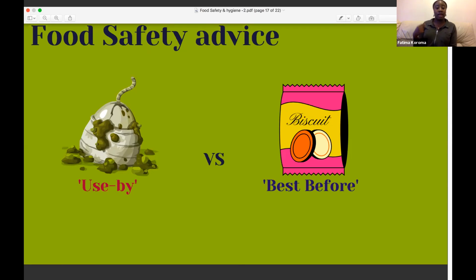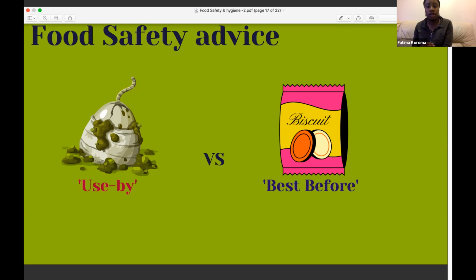When the result comes back, it tells us the food has listeria, even though nothing seemed wrong. So the advice, especially in the UK, is that when you see the use by date, even if the food seems okay, it's sometimes really dangerous, because if you eat it you can get sick.